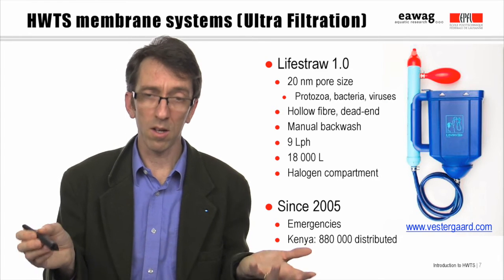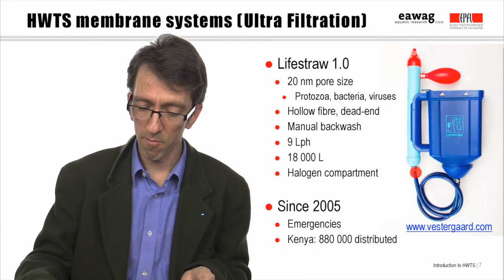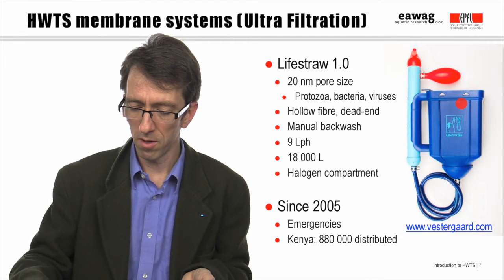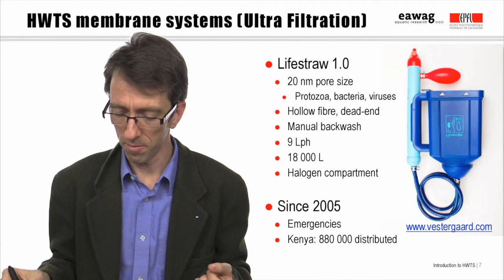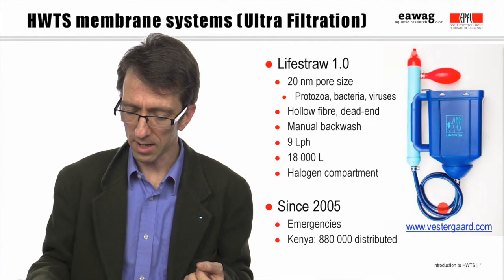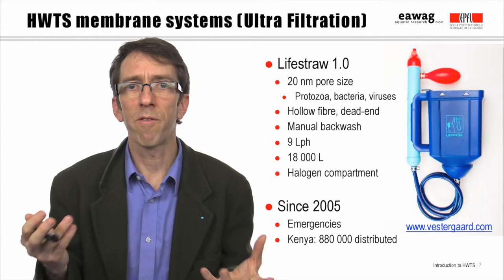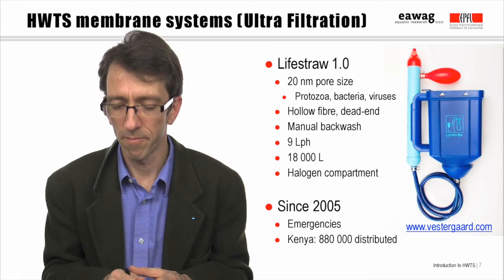It's operated in a dead-end mode using hollow fiber membranes, where the membranes are found in the blue cartridge here, and you simply fill the blue reservoir with raw water to be filtered. There's a hose that connects the reservoir to the filter, and it's about 1 meter long, so that provides the pressure necessary to pass the water through the membrane.